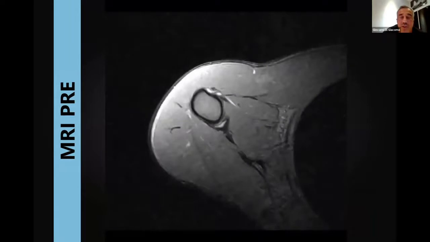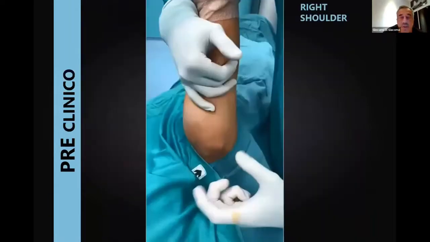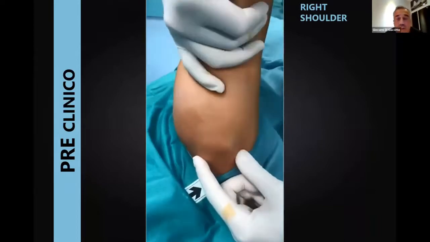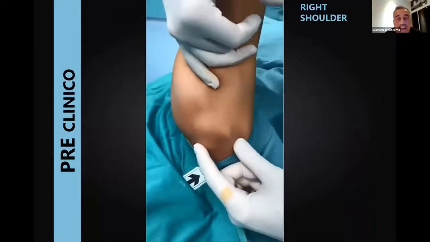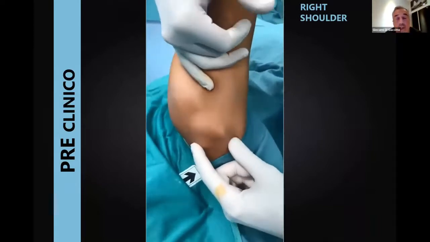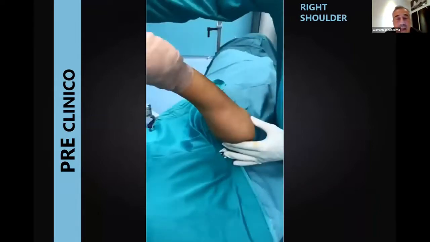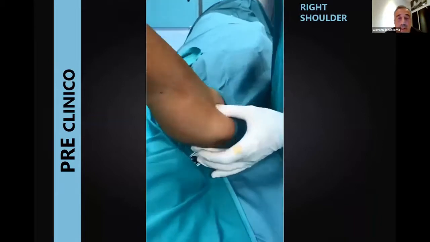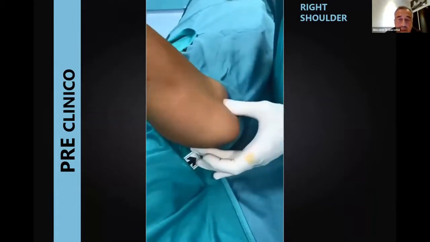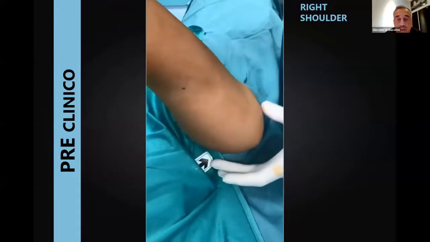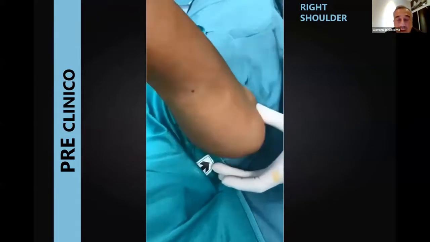In these patients, you can use different techniques, but we always test the patient before the surgery just to confirm the direction, that is the key point, the direction of the dislocation, and also to test the laxity that sometimes accompanies the dislocation.